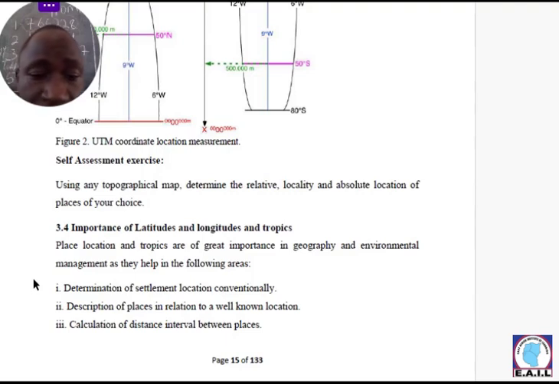The other thing they are saying is the description of a place in relation to the well location. With the description, here we are going to be looking at how the topographical map looks. When you see areas with concentrated contours, many compacted contours, it clearly tells that that area is associated with steep slopes.